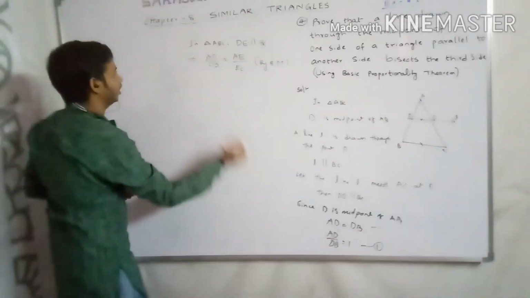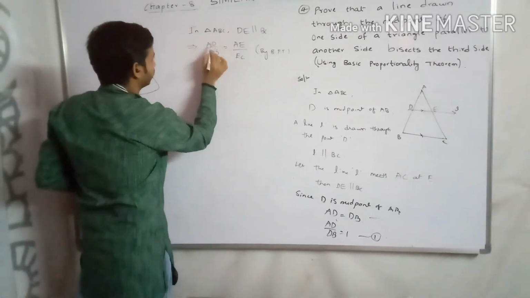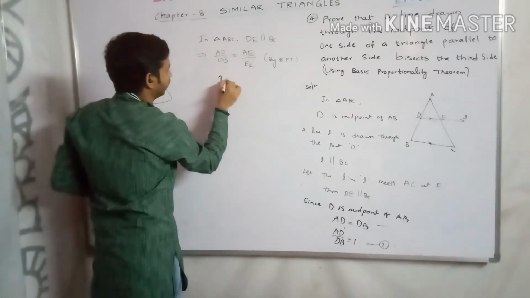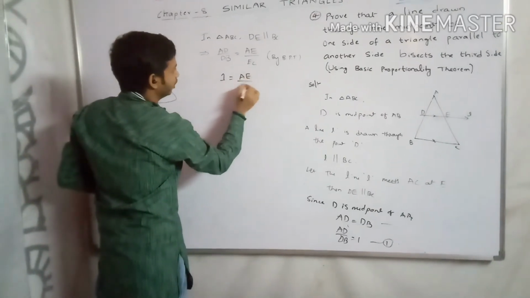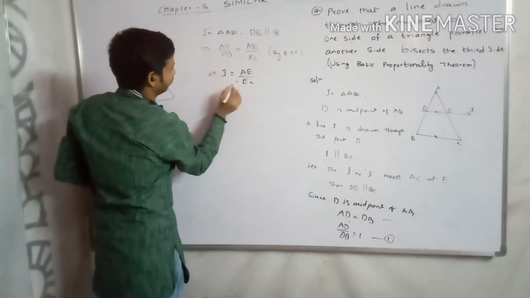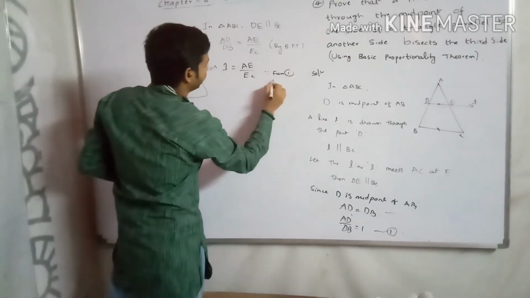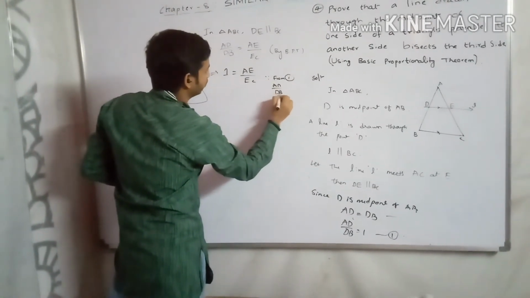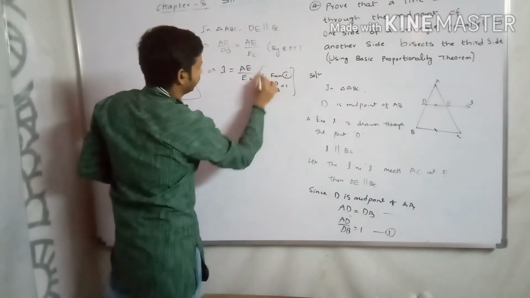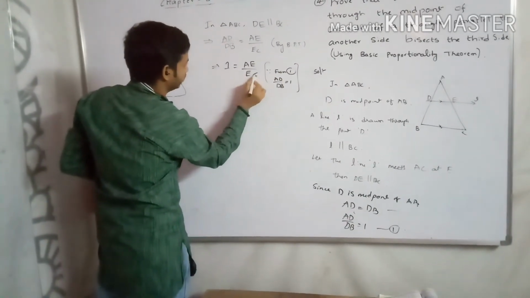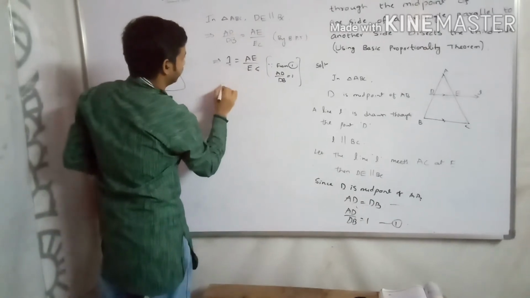So substitute the AD by DB value here. If we substitute AD by DB equals 1, then 1 equals AE by EC. Next, EC comes to the left side and gets multiplied with 1.